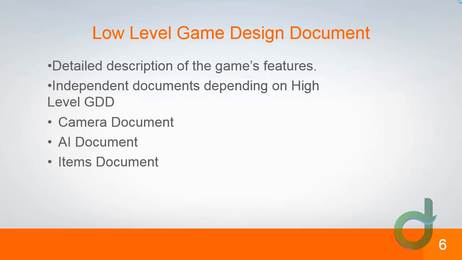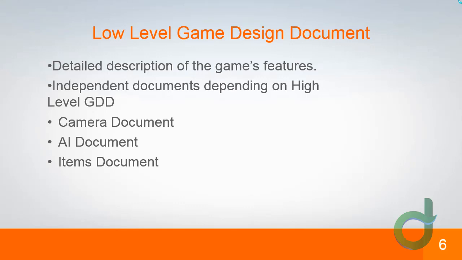You may want to have a document where the camera is described. So you have a camera document, an AI document, or an items document, or there are thousands of different documents, and generally those documents are related or linked.